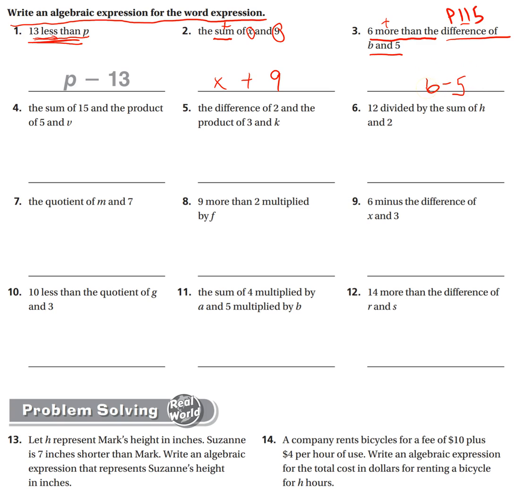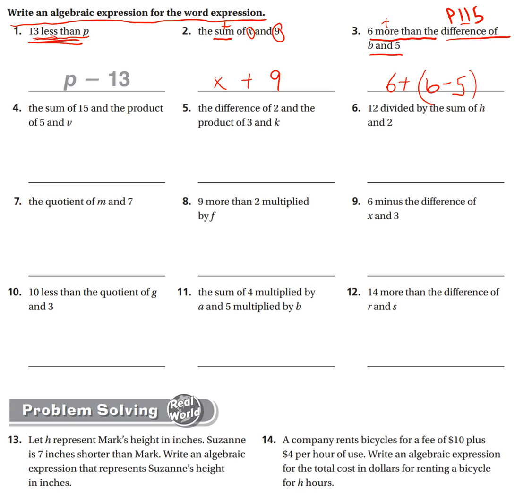So how do I want to do that? 6 plus, and then b and 5. There's a few different ways you could do that one, and still get the same answer, but that's the way I chose to do it.